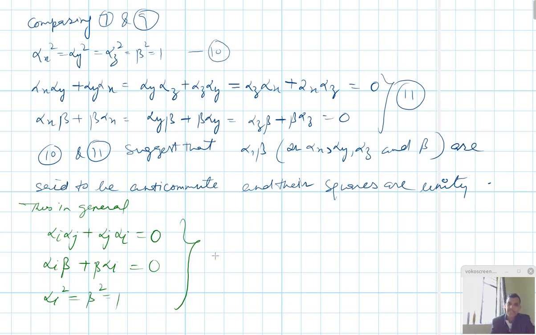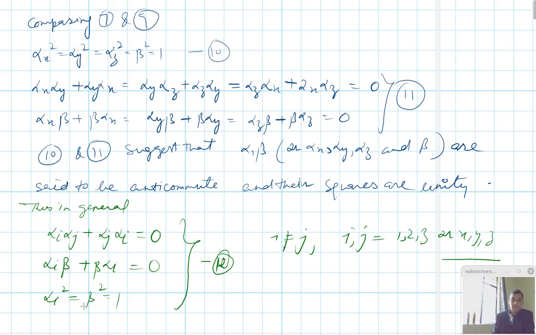Here i is not equal to j, and i and j are either 1, 2, 3, or sometimes we can take them as x, y and z. So these are the terms which I am getting.